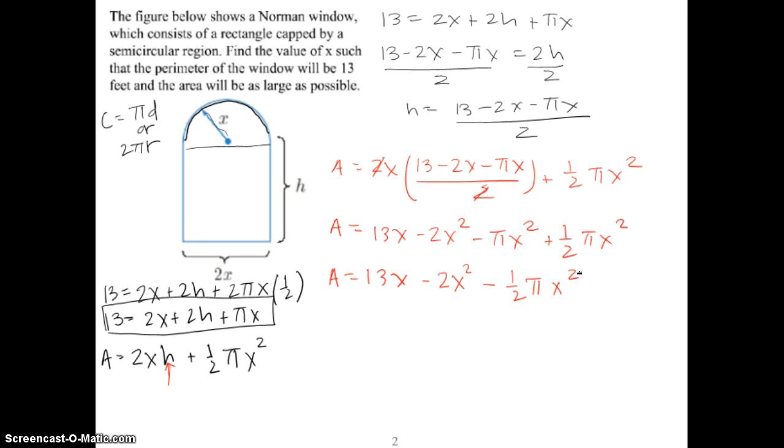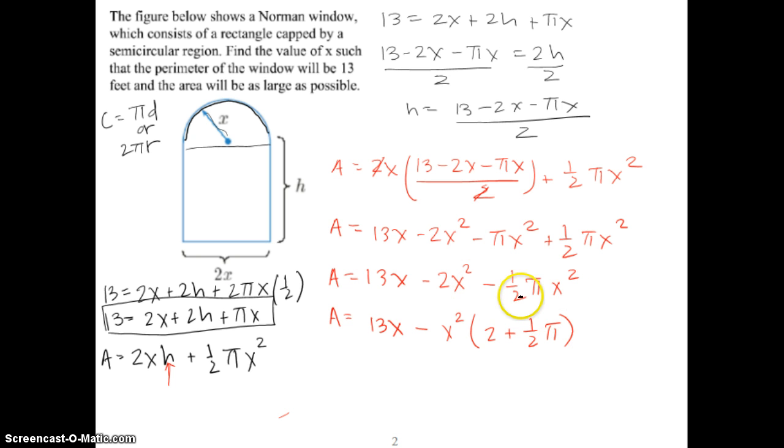Okay, so now we need to combine these two like terms with the x squared, so we can rewrite this as a equals 13x minus, and we've got x squared, factor out the x squared, and we've got 2 plus 1/2 pi, right?